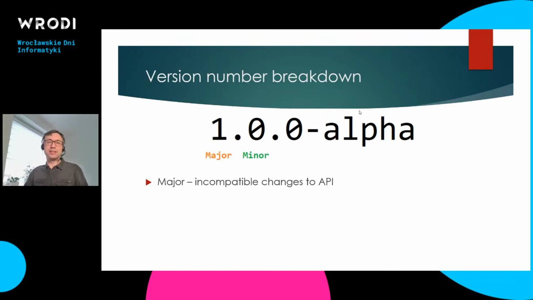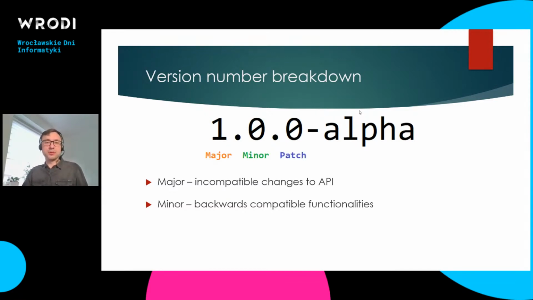So new functionality is coming, new features, but they are backwards compatible. So no changes to the API should be expected. That's the ideal case. I know that that's not always the case because some people do not follow this scheme, but I mean, this is the definition. We're speaking of the ideal world.